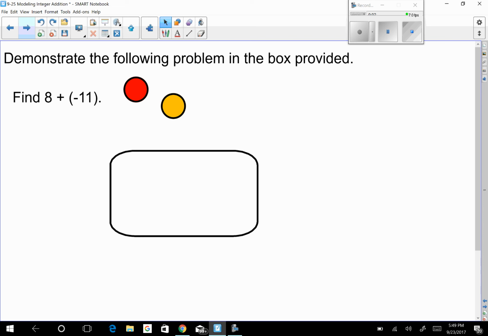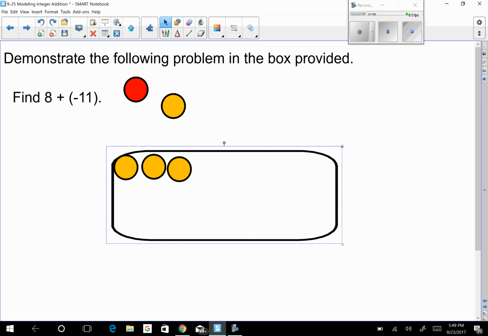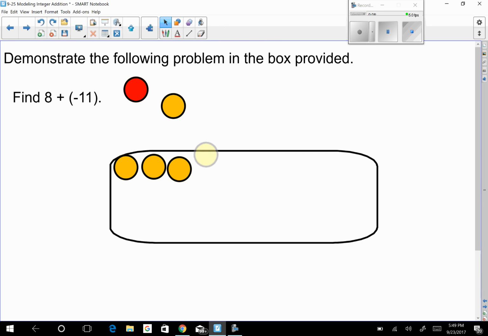Another example, 8 plus -11. So 8 means we're going to have 8 positives. So 1, 2, 3, I can make this bigger, 4, 5, 6, 7, 8. And then we have to have together with -11.